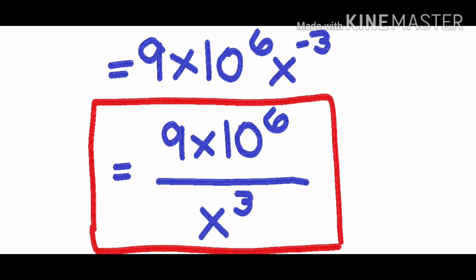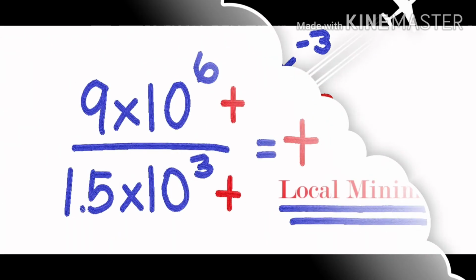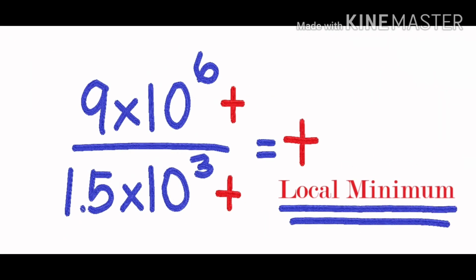Move the x raised to negative 3 to the denominator. It will be 9 x 10 raised to 6 over x raised to 3. Then we're going to use the value of x in our second derivative. Look at the numerator, and this is positive. And our denominator is also positive.